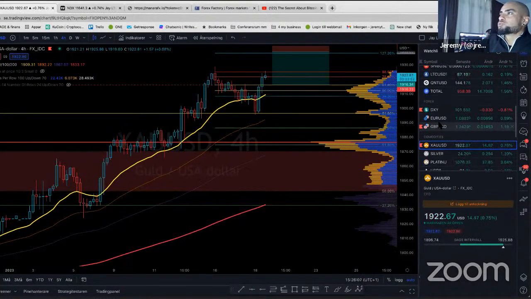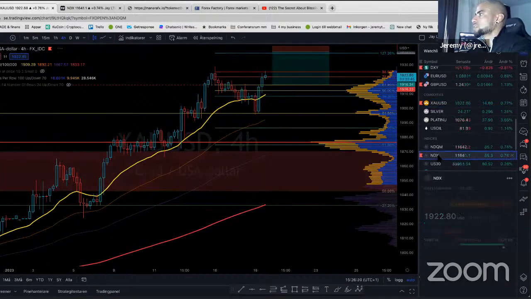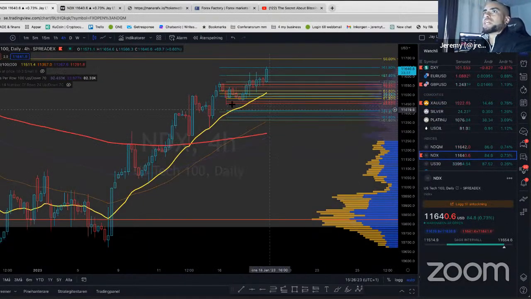When I'm jumping into a trade, I'm saying that. I'm saying if it's a buy or a sell, and I'm saying when I'm jumping out, because when the market's open, I scalp the markets. First and foremost, what I scalp is the Nasdaq. So that's what we will start to look at.